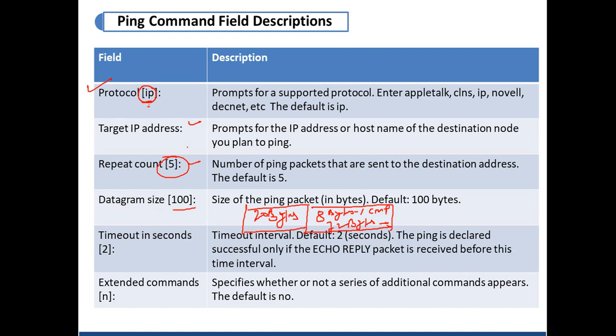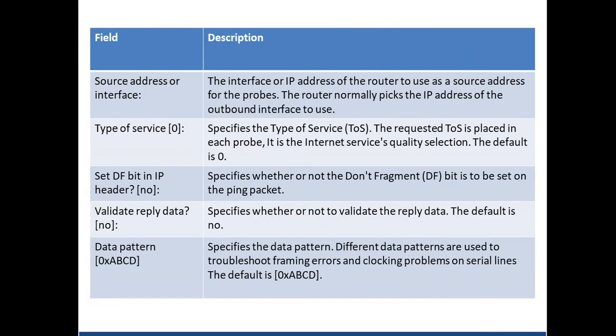So basically ICMP has an 8 bytes header and IP has a 20 bytes header, which comes to 28 bytes. So the actual data is the packet size minus 28. The packet size is, let's say, 100 minus 28, that is 72 bytes is the actual data size. Timeout default is 2 seconds, and for extended commands, if we want to use extended mode, then yes.